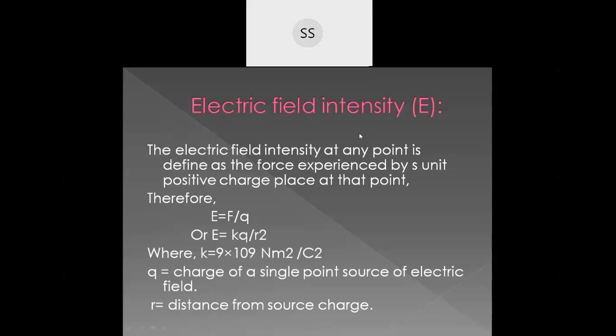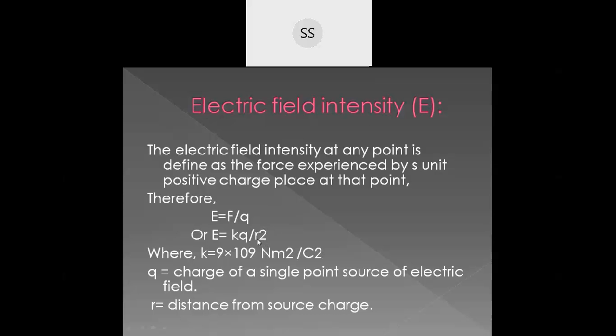So when we bring the test charge near the source charge, it may get attracted or repelled, depending upon the sign of the source charge, right? Suppose we take the source charge as a positive charge and bring a unit positive charge from outside. The charge will get repelled, right? And the amount of repulsion at different points of the electric field will be different due to the distance.